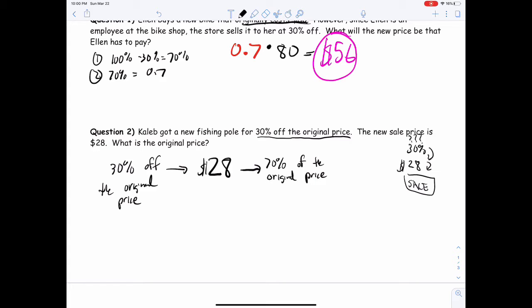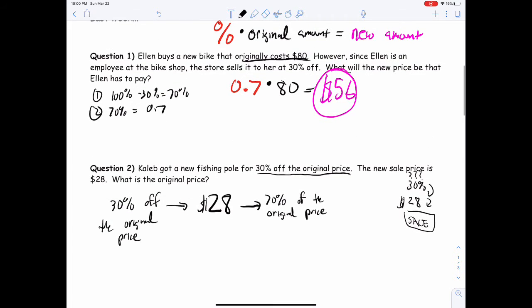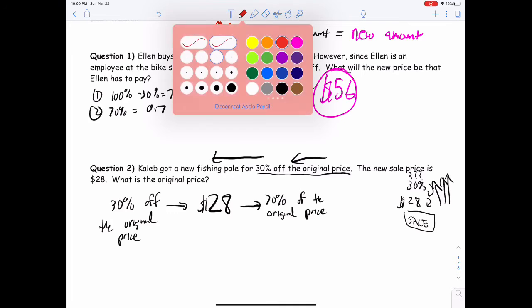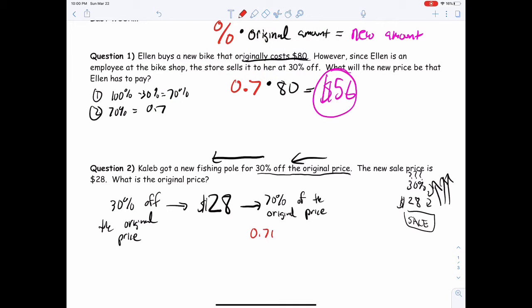So let's use this formula because this is going backwards, this question. We know what the sale price is, and we're trying to bump it up to find what it originally cost. So if we use our formula, the percent is going to be 0.70 for 70%. We don't know what the original amount is.